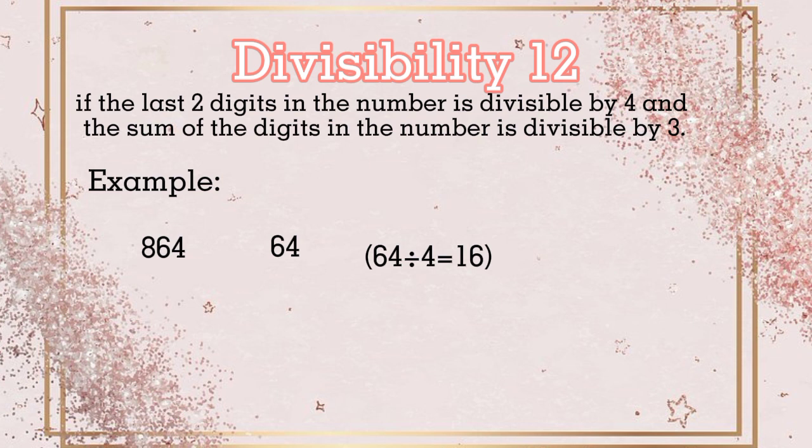Let's see if the sum of the digits is divisible by 3. So we have 8 plus 6 plus 4 is equal to 18. So 18 divided by 3 is equal to 6. Now, we can see that it is divisible by 3. Therefore, 864 is divisible by both 3 and 4.